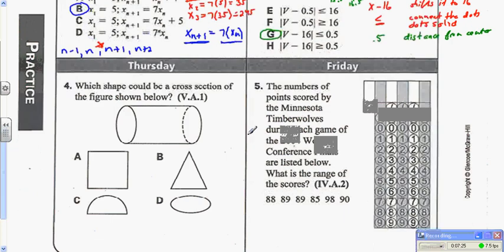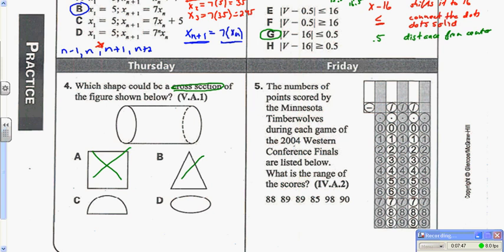Which shape below could be a cross-section of the figure shown below? Now, a cross-section is a slice, like a slice of bread. So if you took a slice out of this, like it was some summer sausage or something like that, and you sliced it, you would not get a square, nor would you get a triangle.